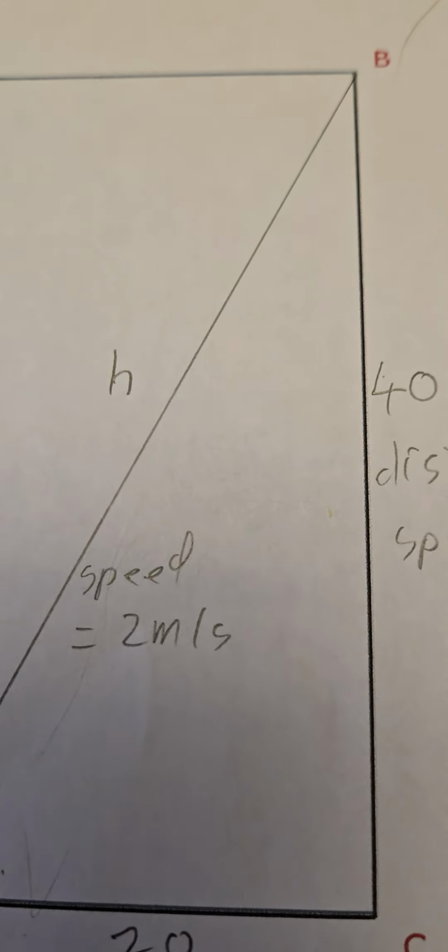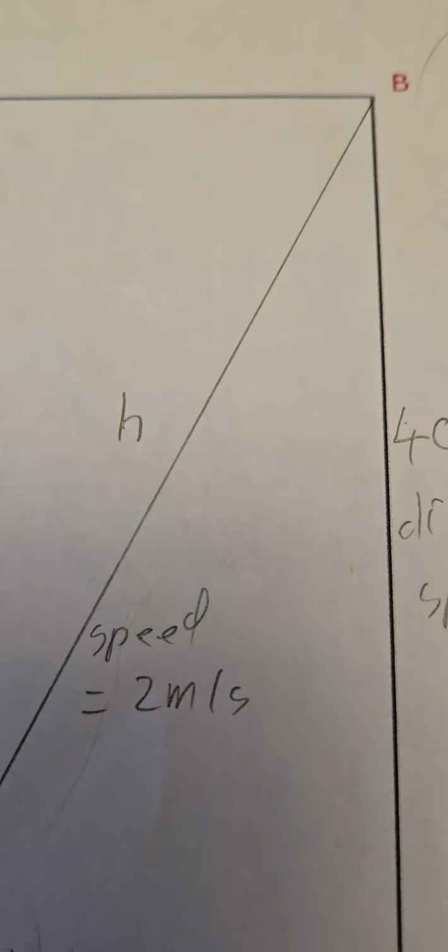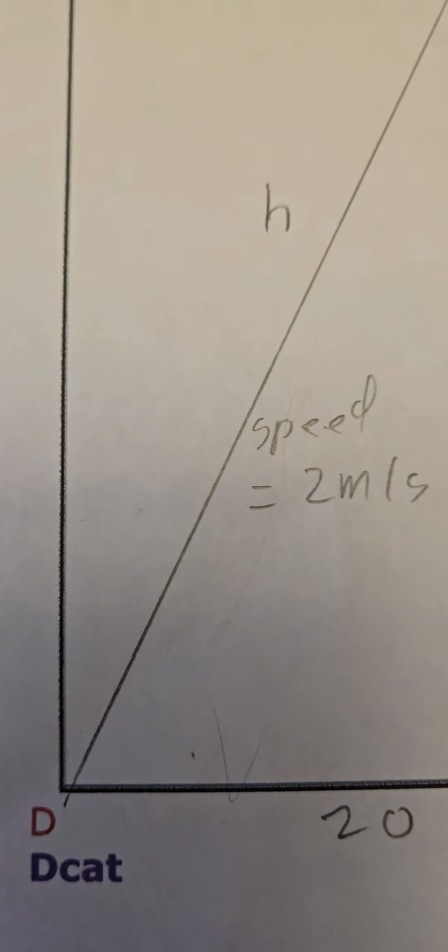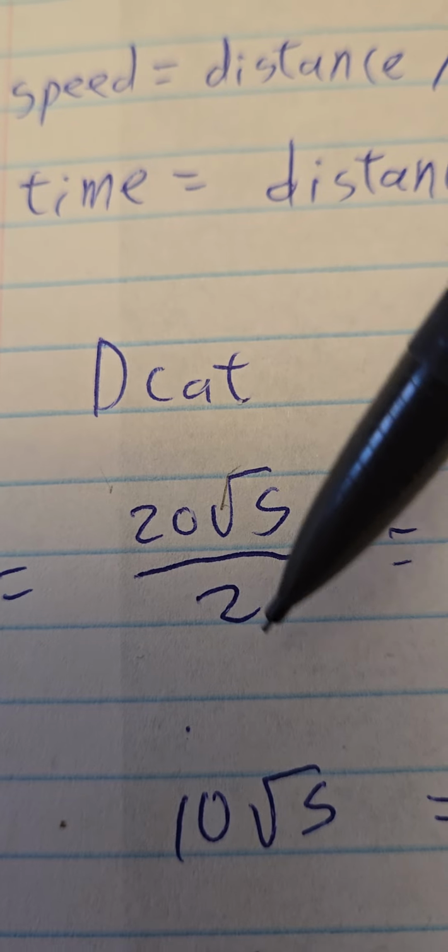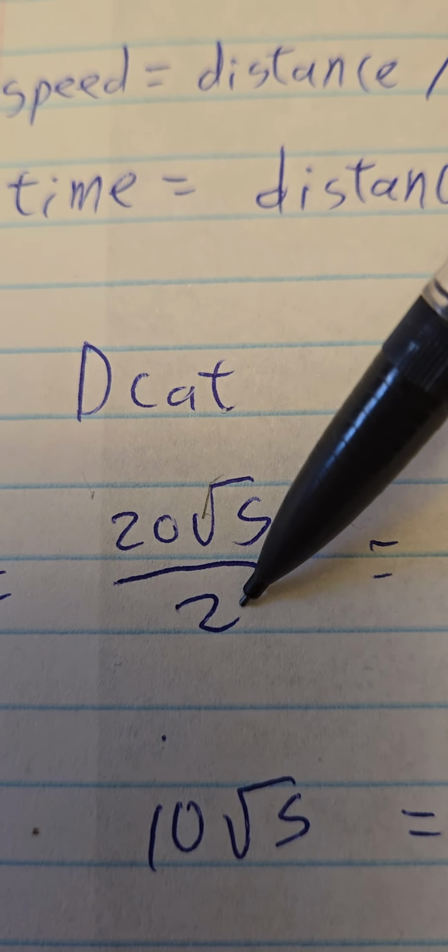Now what we do know is time is distance over speed. D cat, this ginger cat, had a distance of 20 root 5 divided by 2 because his speed is 2. That will give us our time.